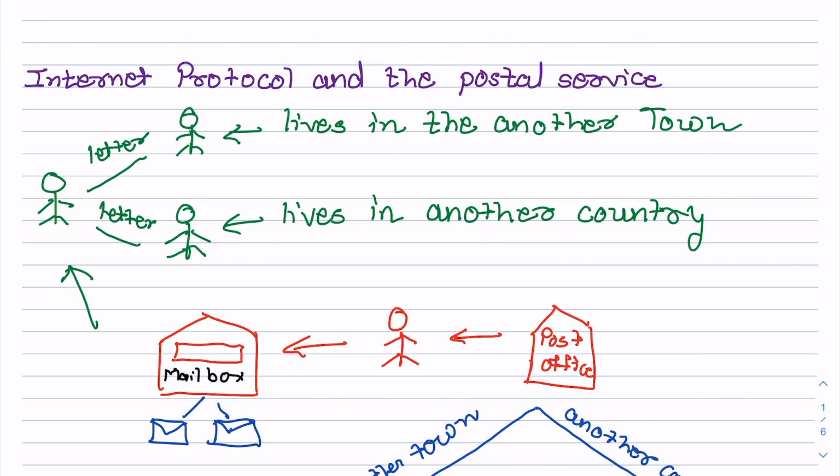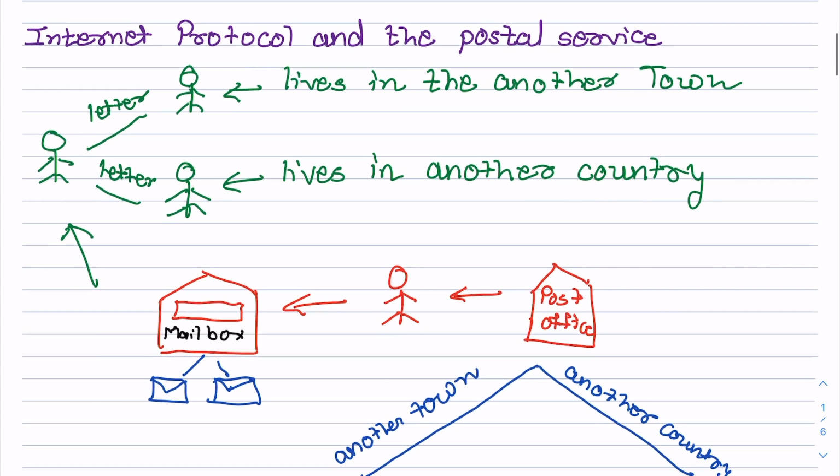Are you going to use two different mailboxes, or only one? Obviously, we are going to use only one mailbox. We are not going to take two different boxes for every destination. We don't have that. So we are going to use only one mailbox.